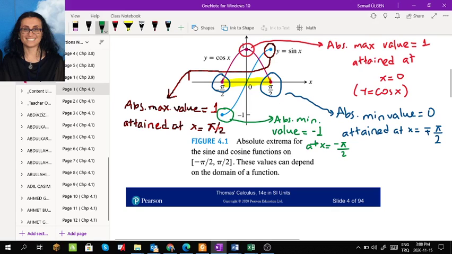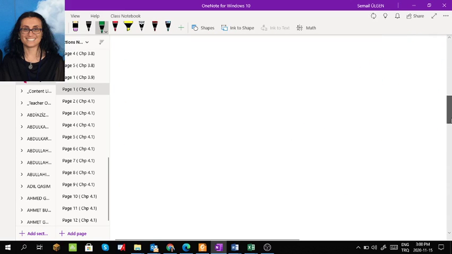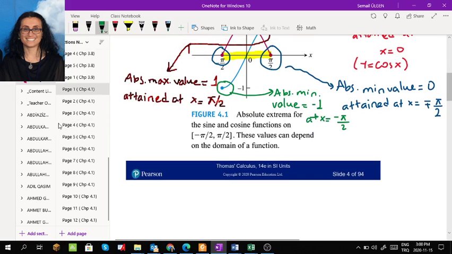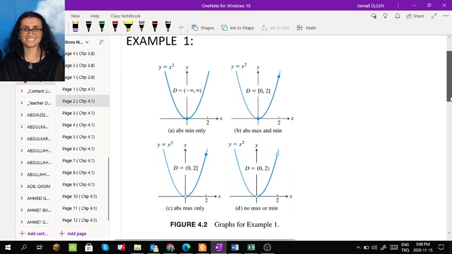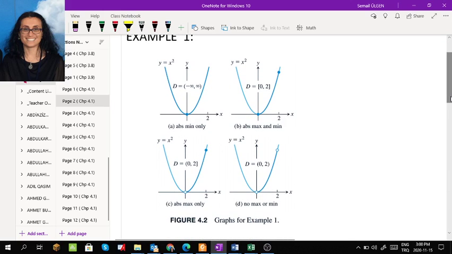Let's move to the next page and look at this example in our book. What's the domain here?